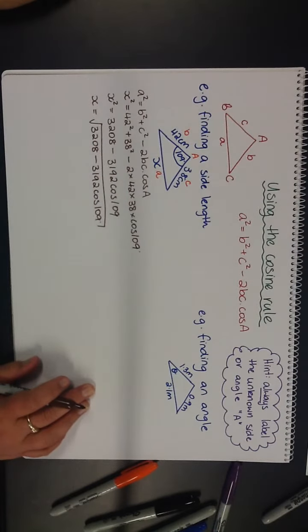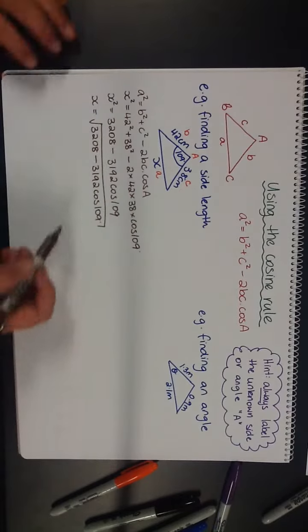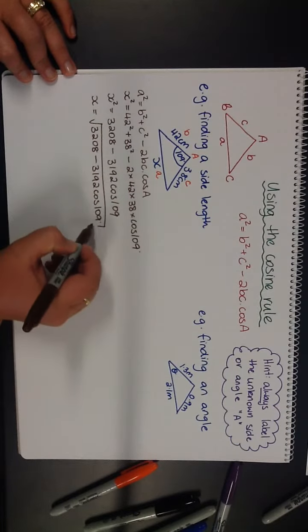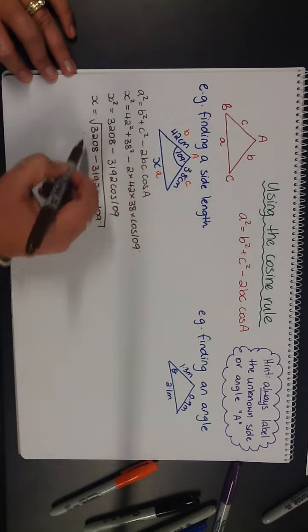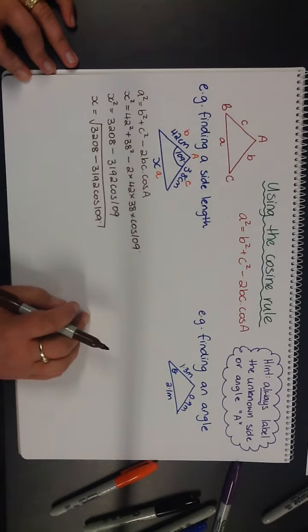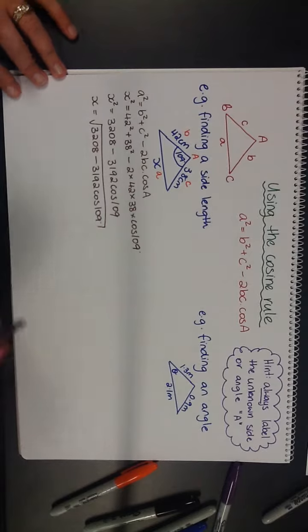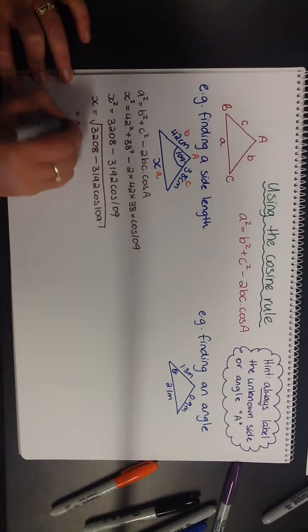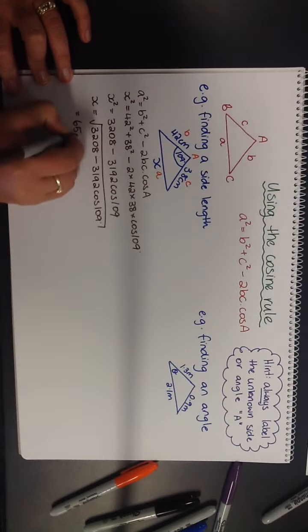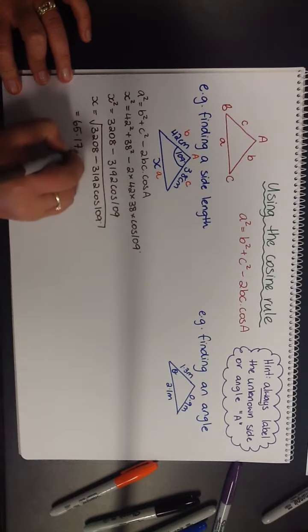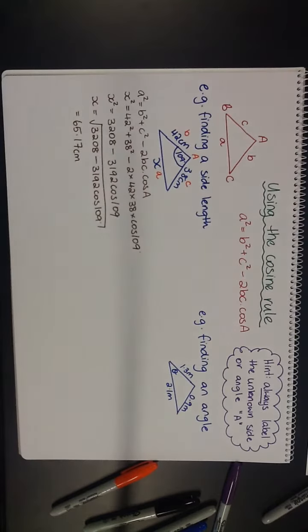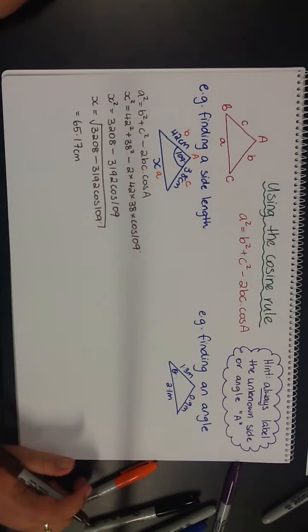When you type that in your calculator, it's probably handy if you put brackets around this part here, and possibly even brackets around everything that's underneath your square root sign. So it might take a couple of tries to enter it in your calculator, but once you've got it, if you've typed it in correctly, we should get an answer of 65.17 centimetres as our missing side length there.